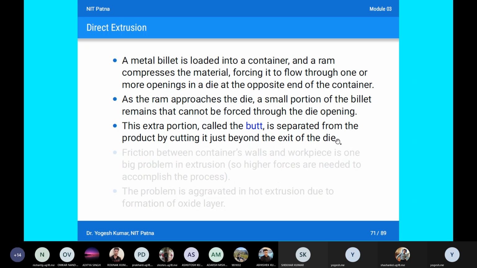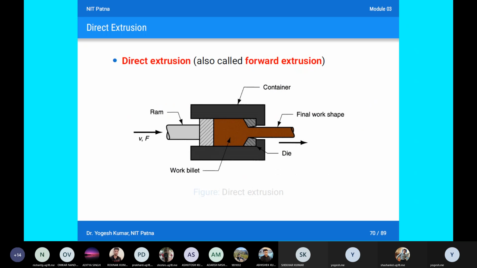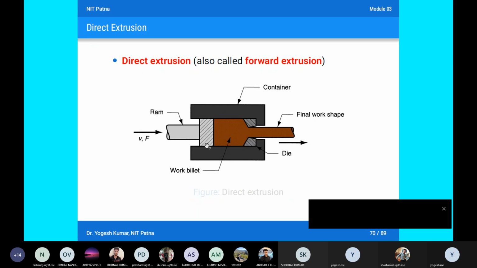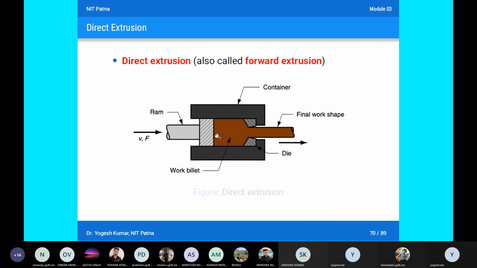Here there is one more issue. Since the work metal, this billet, is sliding against your container, there are two moving surfaces, that is the surface of the work billet and the surface of your die container. So obviously there is friction between these two surfaces.